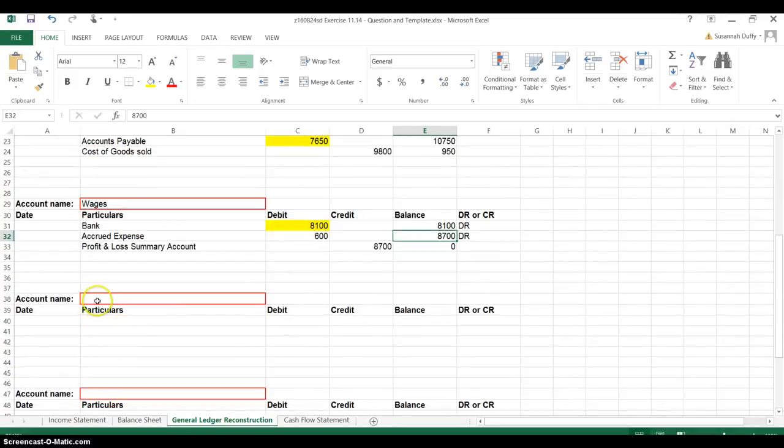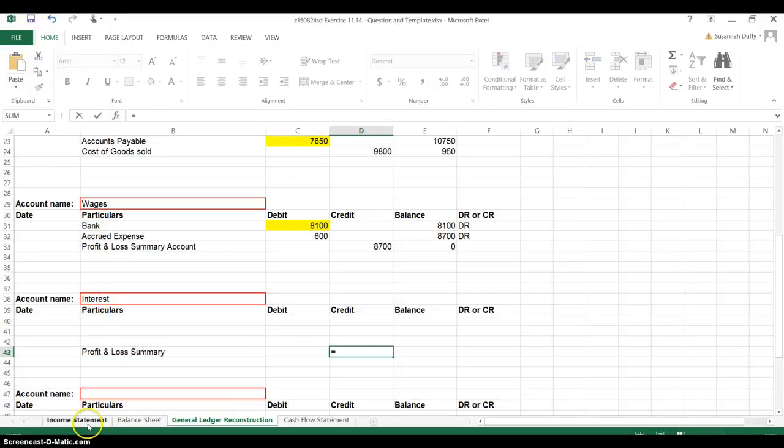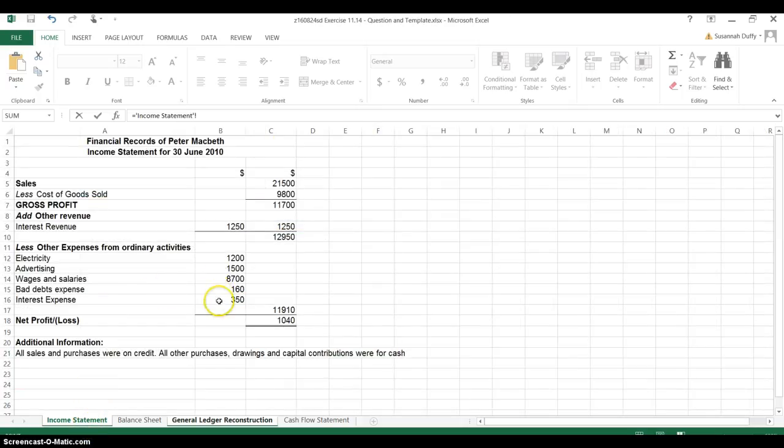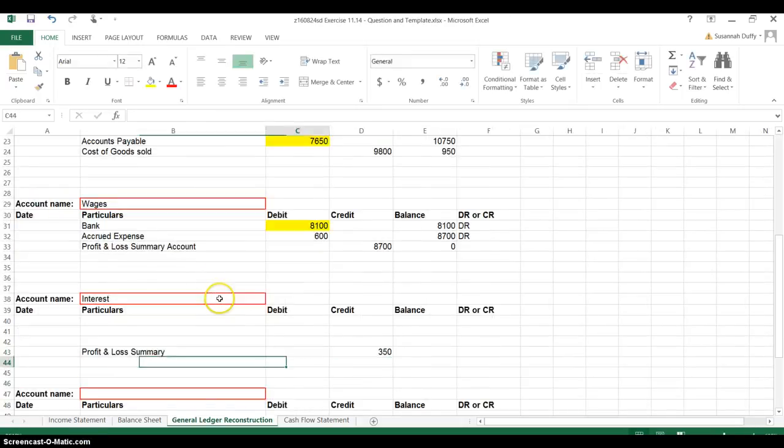In the same process as we did for wages, we'll work backwards. So we know how much we close the account off with, profit and loss summary. Go to the credit, because to close it to nil, we had to credit the account. Pick up that 350. That's our closing balance of 0.